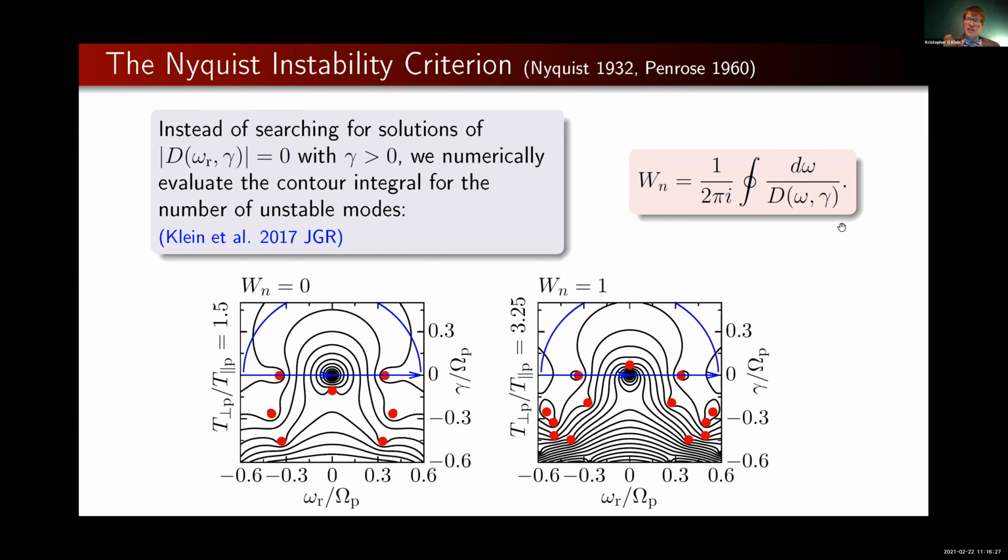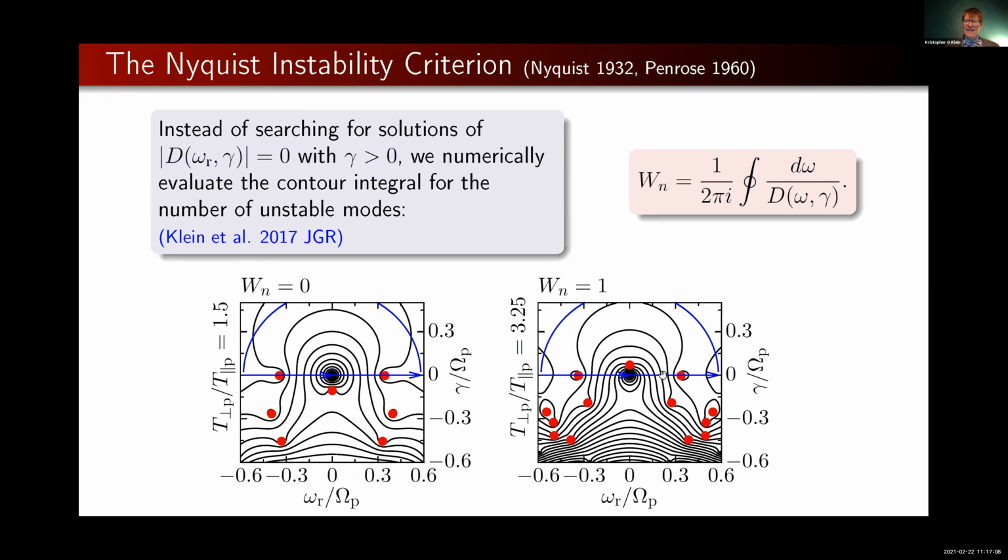Because we know where the dispersion relation is equal to 0 is a solution, 1 over that is a pole of this complex valued function, which means if you do a contour integral and you have a non-zero integer, that tells you that there is an unstable solution supported by this particular equilibrium. Effectively, we're integrating around this circle, and if there's any red dots inside of that circle, we get a value of 1 or maybe more than 1. If there are no red dots, if there's no unstable modes, we get a winding number of 0, and we know the system is stable.